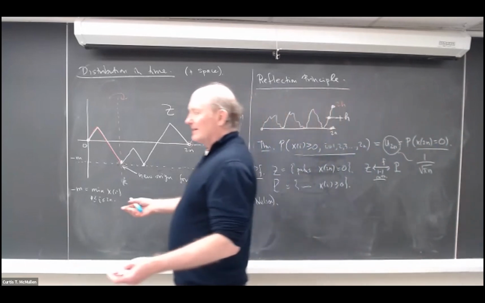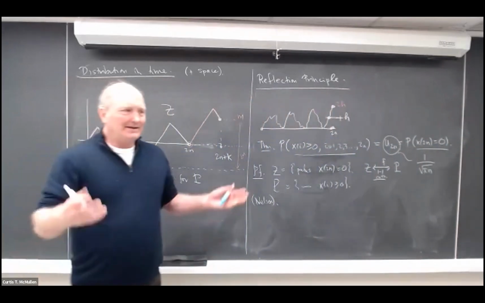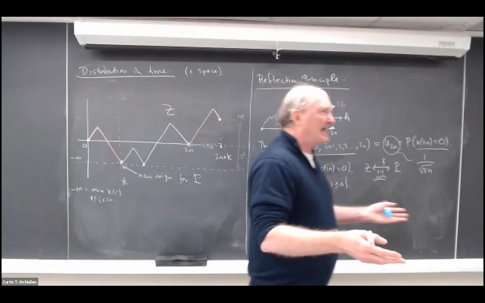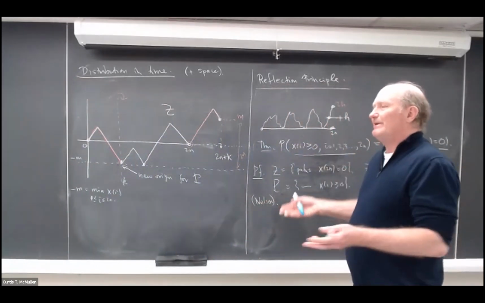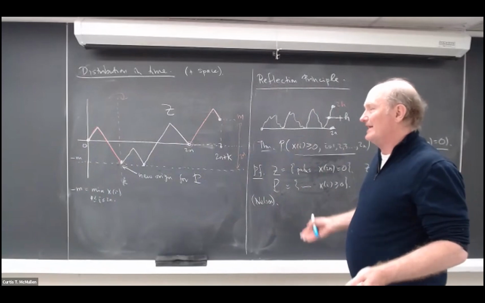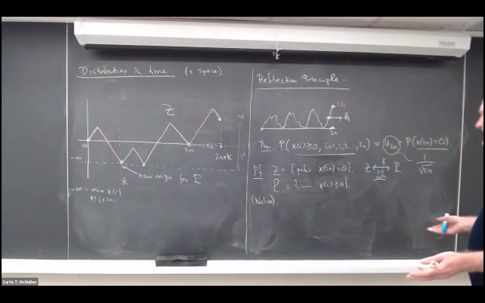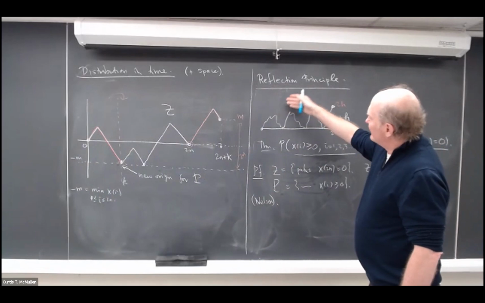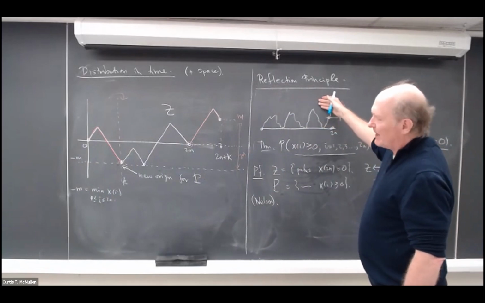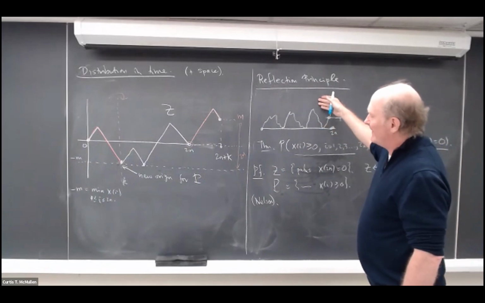You might think that maybe the probability that the random walk is always positive should be exponentially small in n. You have n chances for the random walk to go negative. But that's not true, because once the random walk starts to be positive, the fact that the remaining steps are positive, those are not independent events.